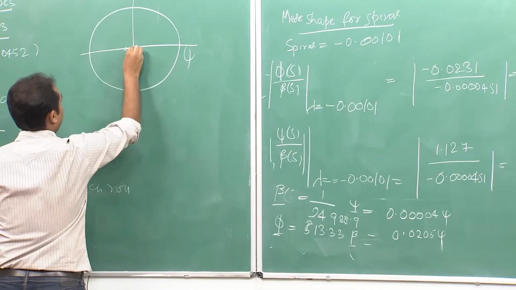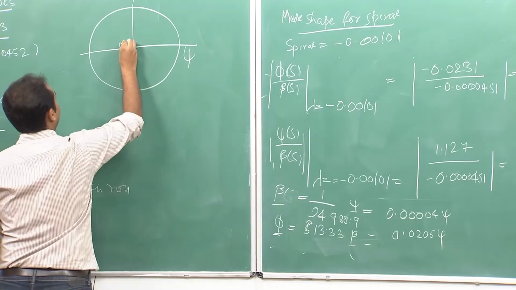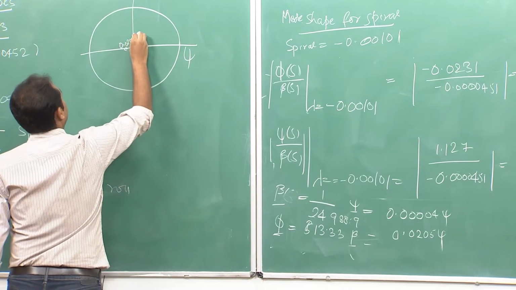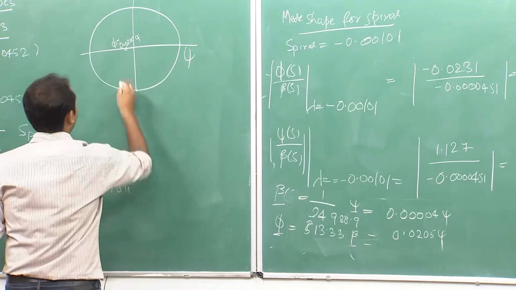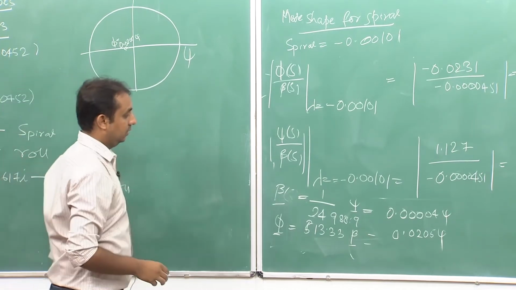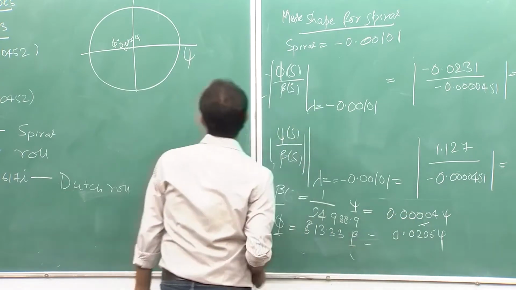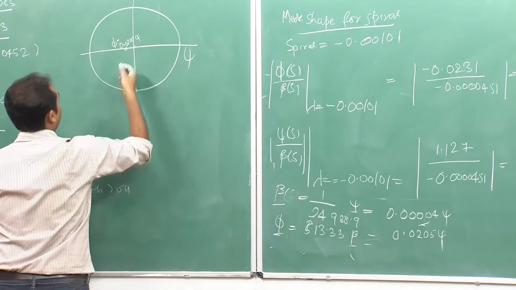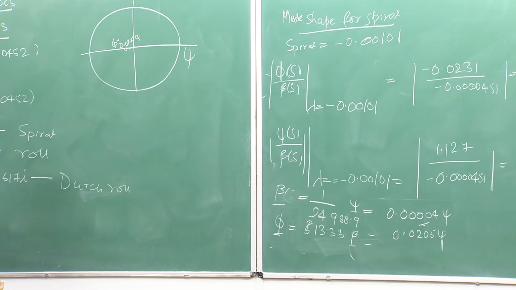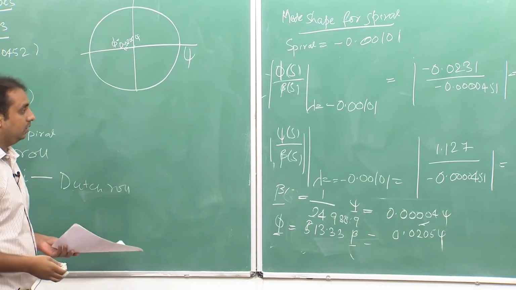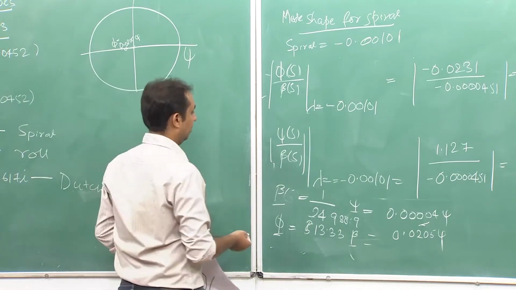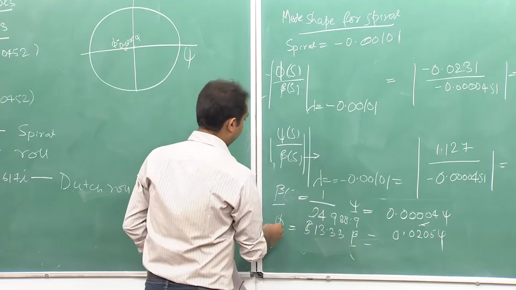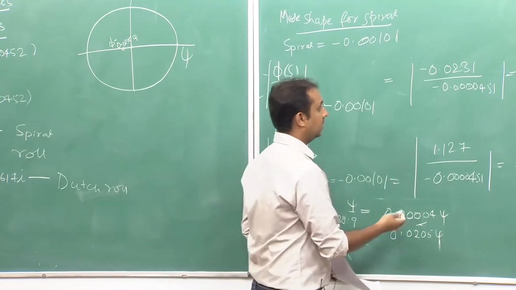Say somewhere here, this is 0.025 psi. Phi will be equal and phase will be 180 degree, and beta is very small. You can neglect it, it will be very close to the origin. Now from this analysis, what we came to know is that in case of spiral mode, your beta is very small, since the ratios are very large.